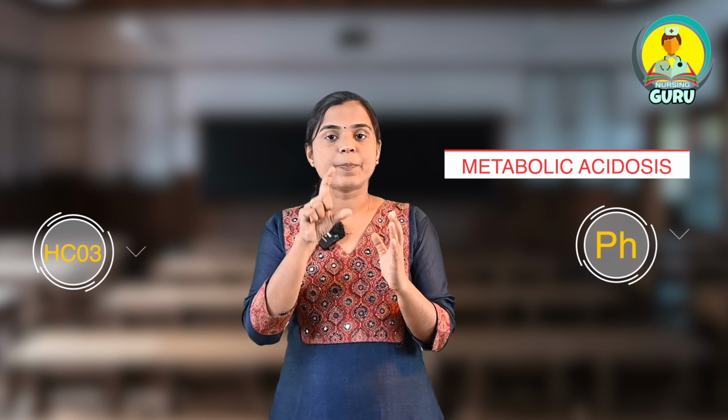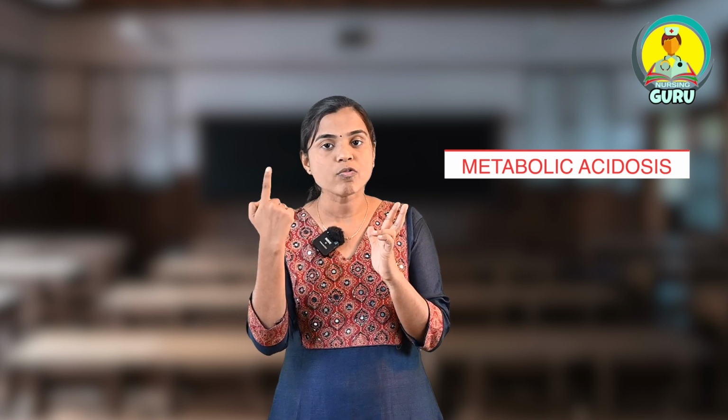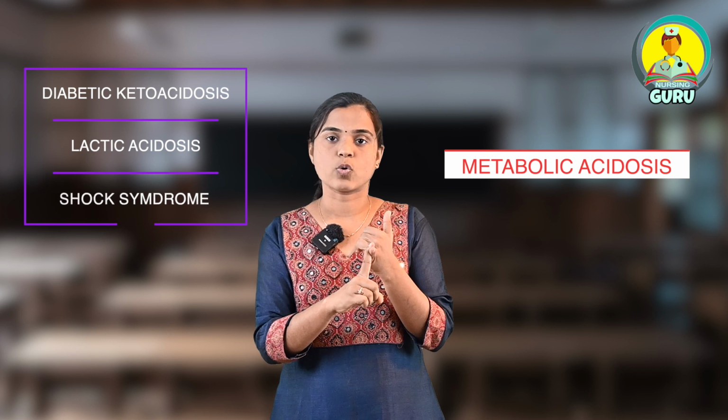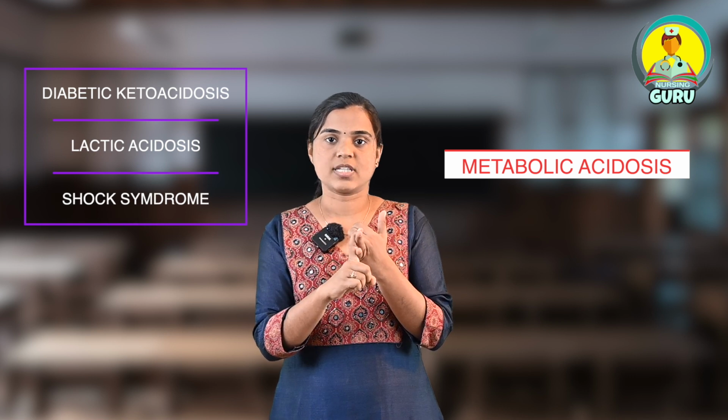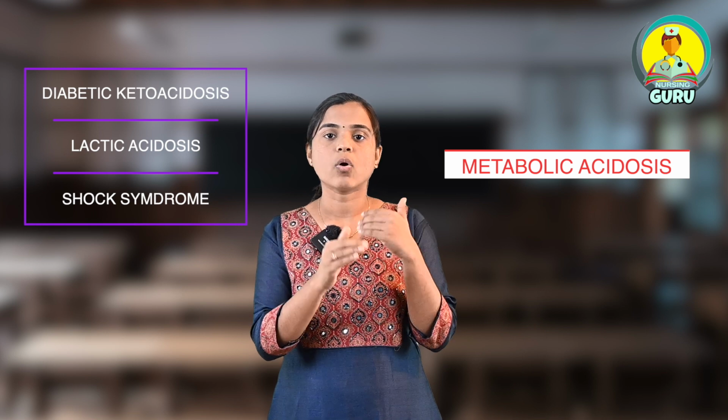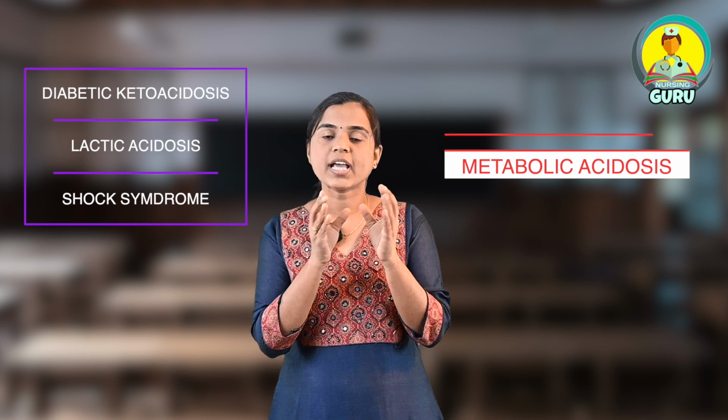In that case, the patient will have potassium and calcium at a low level, that is hypocalcemia and hypokalemia, because the bicarbonate level is decreasing and the pH level is also decreasing. Usually it is associated with conditions like diabetic ketoacidosis, lactic acidosis and shock syndrome. In these cases, usually they will be having metabolic acidosis.